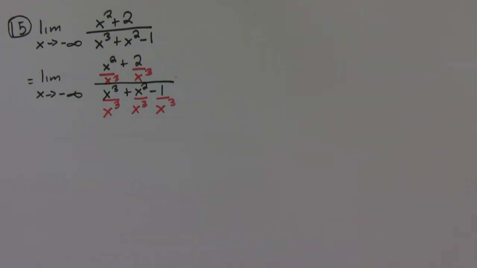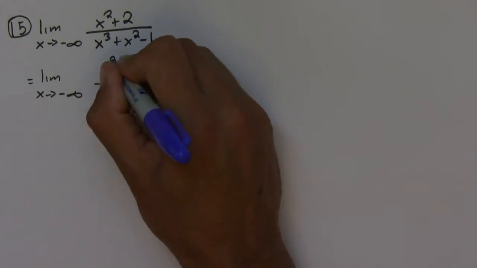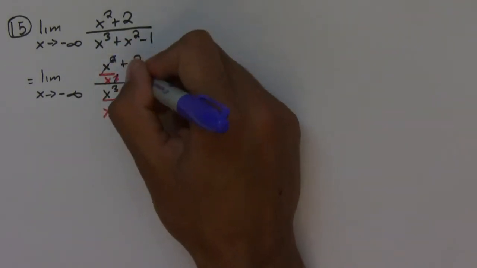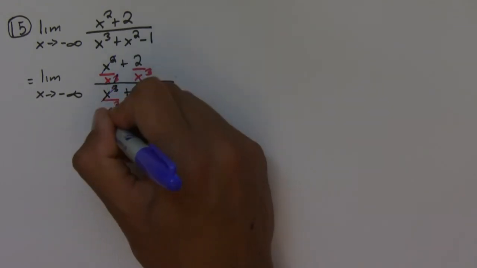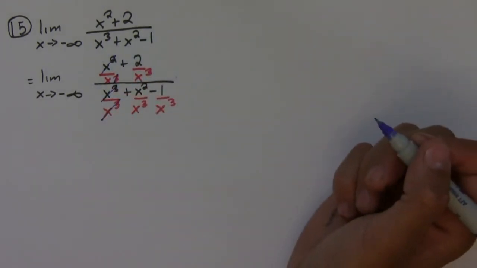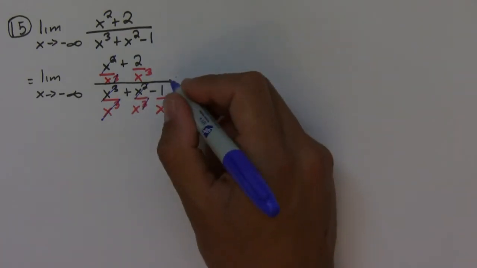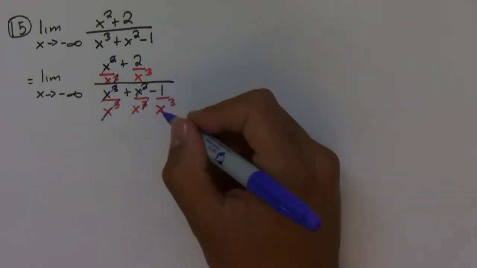Okay, now I'm going to simplify. So here these two cancel with two of these. This one stays the same. Here I get just 1. These two cancel with 1. And this one stays the same.